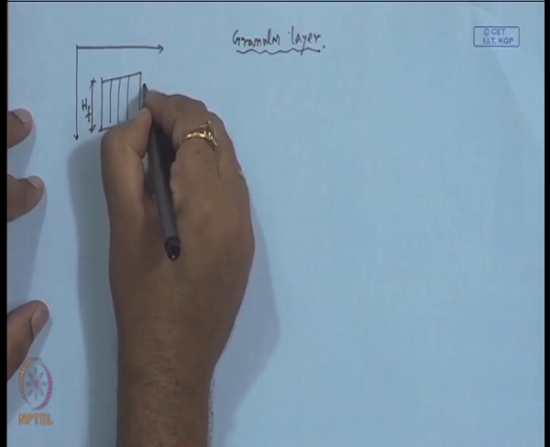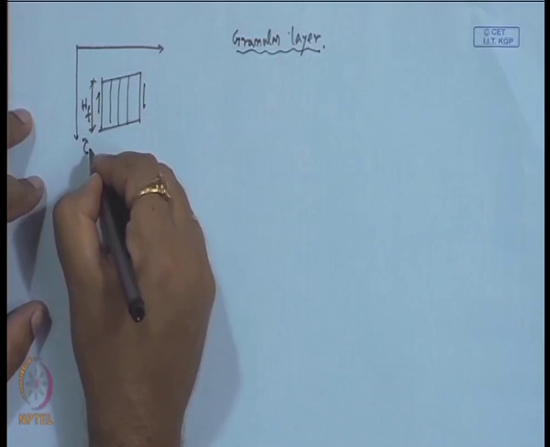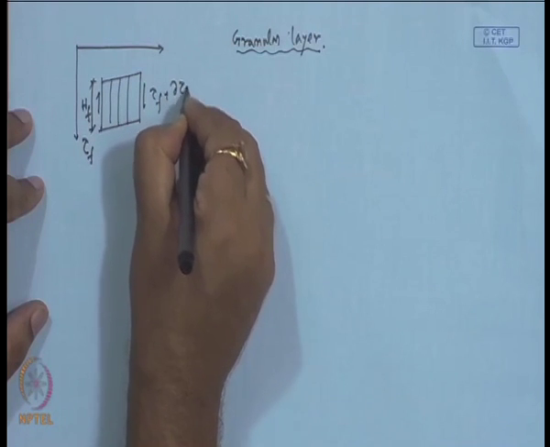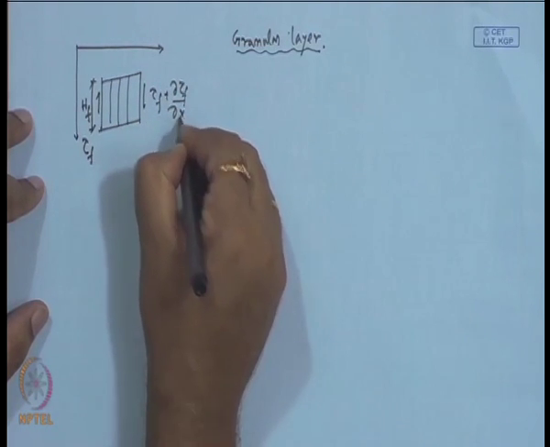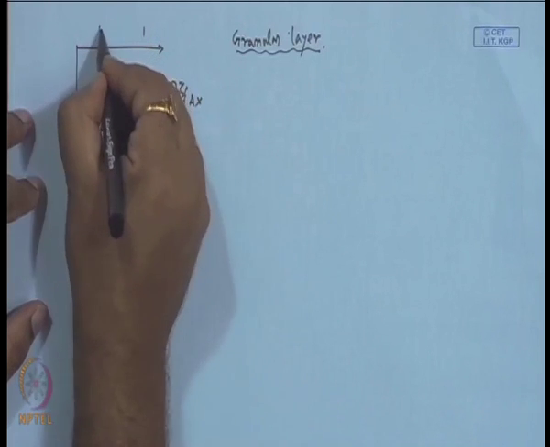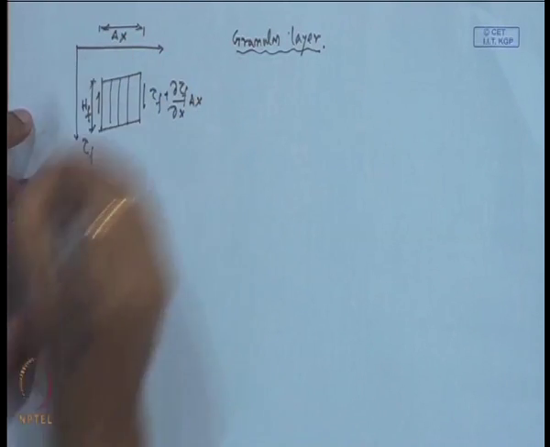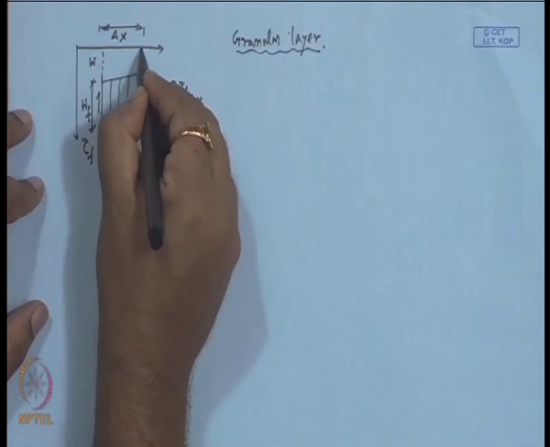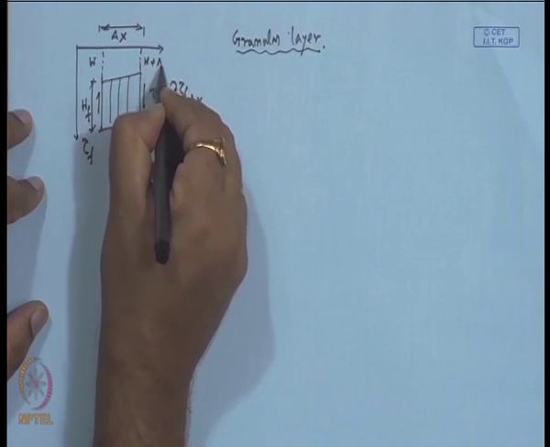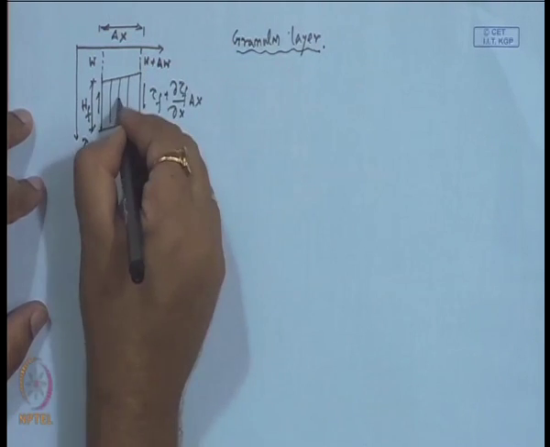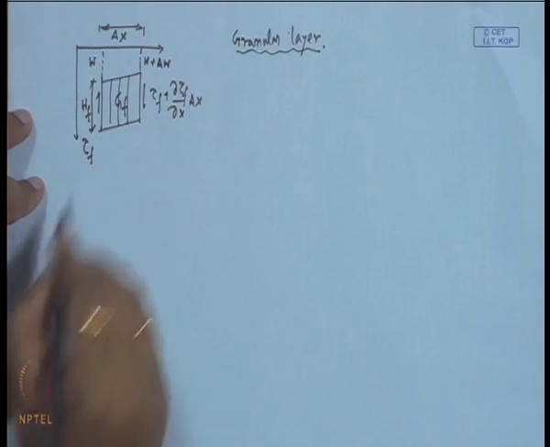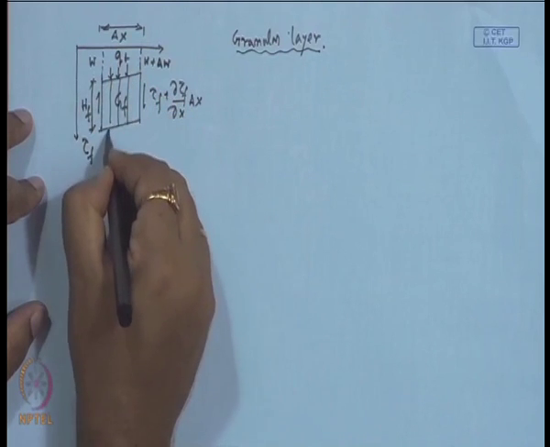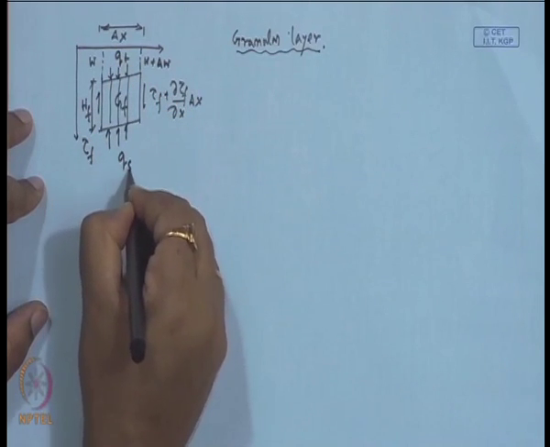From here also the shear force that will act is tau f and tau f plus del tau f, over del x, because this distance thickness is del x. Similarly, this one will be w and this one w plus del w, and G f is the shear modulus, and here on the top q t will act and in the bottom q s will act.